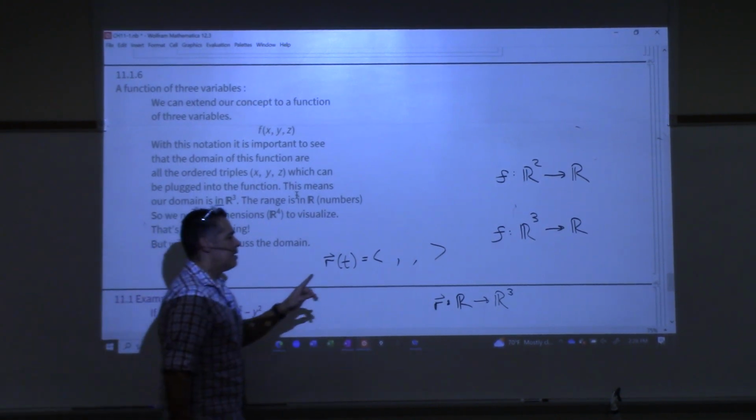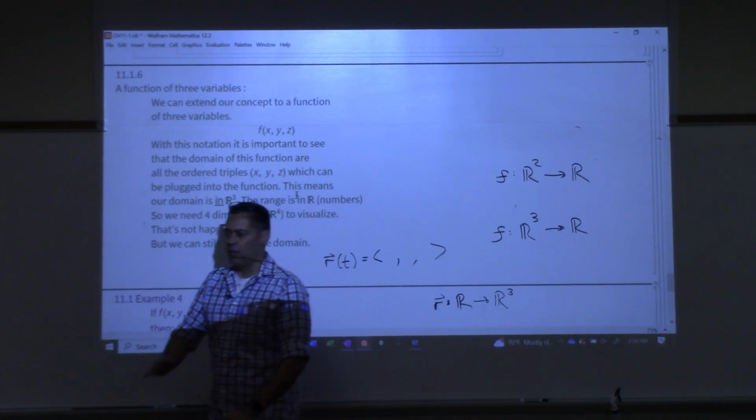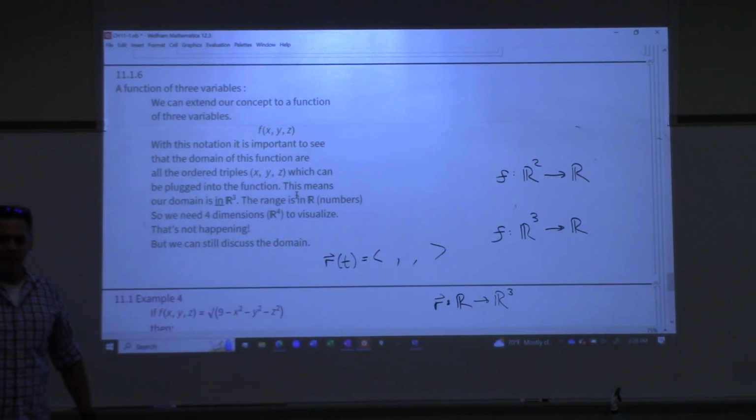This is different because now what I'm doing is I'm taking a point in three-dimensional space and I'm trying to figure out this function that sends it to a number. Now the best way to understand this is, let's say you have a sphere, like the Earth. It's not a perfect sphere, I understand. So let's say you have this sphere and you go to some point on the sphere, x, y, z.